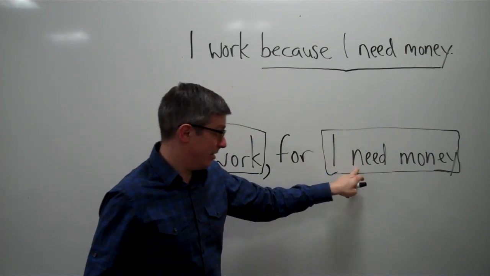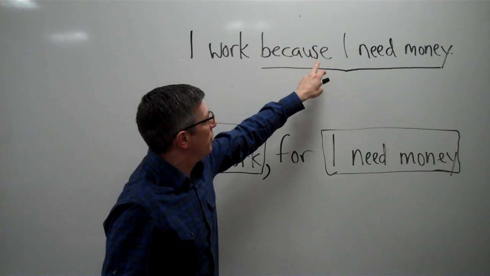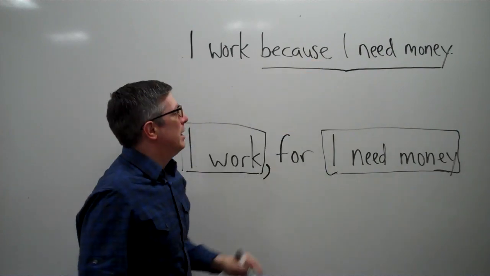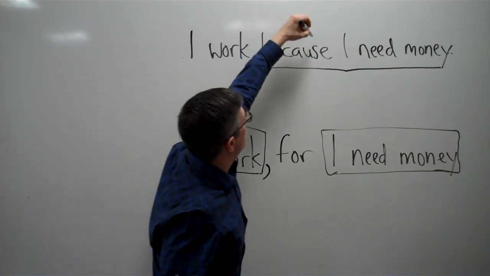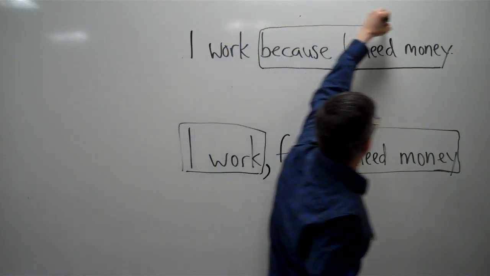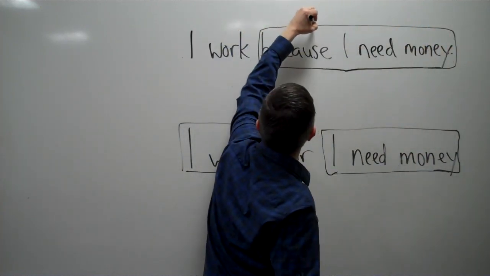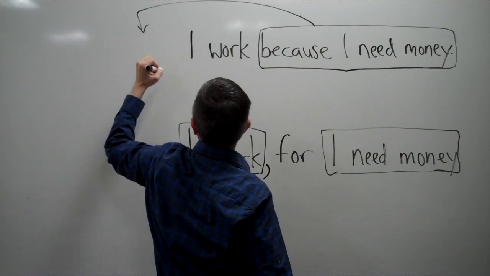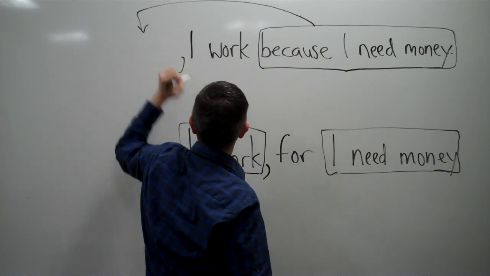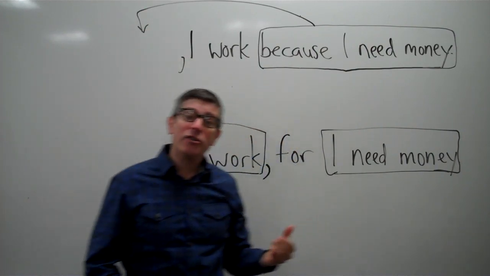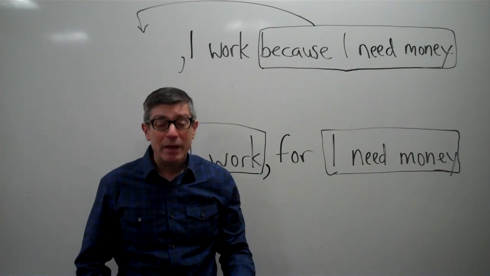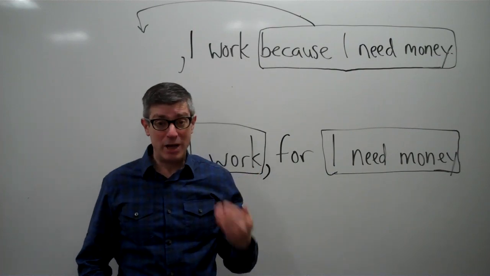This is independent. But the thing that you can do is you could move this clause here, this subordinate clause, not an independent clause, you could move it to the front of the sentence. You would need to put a comma, and then you would get, because I need money, I work. And that's a good English sentence.